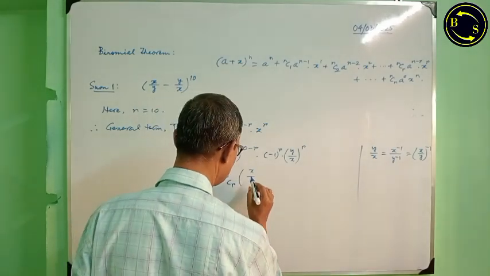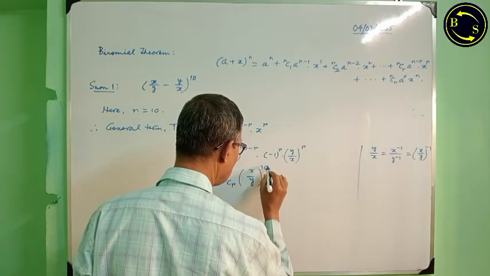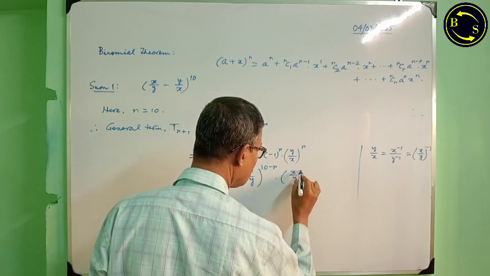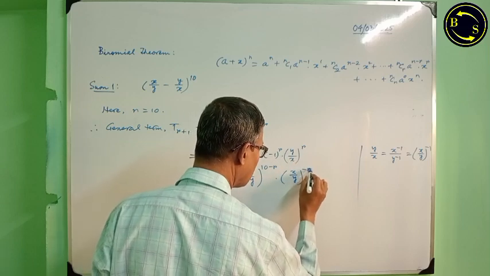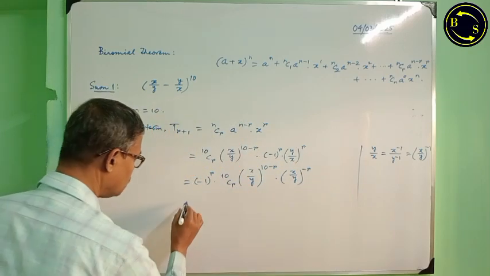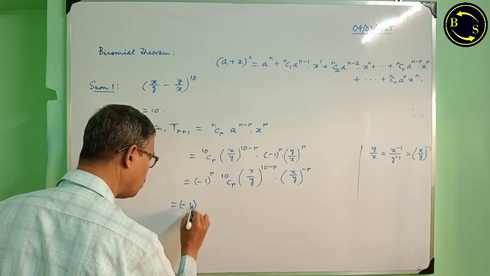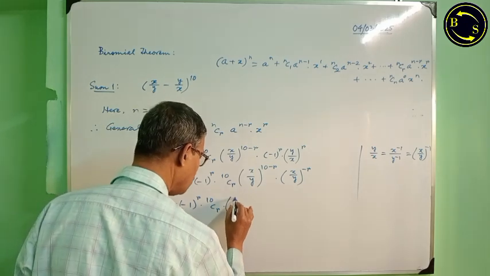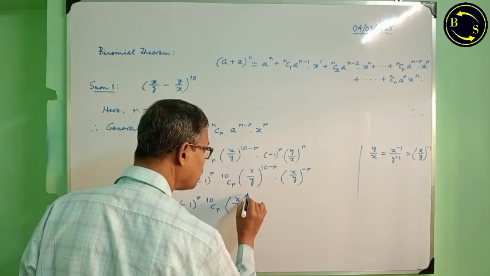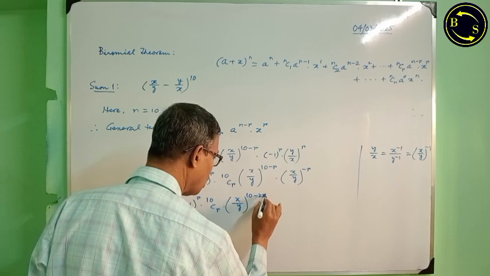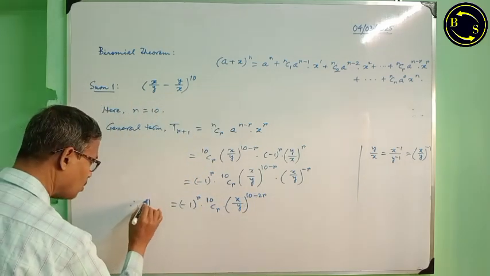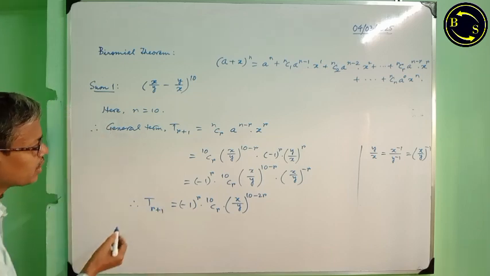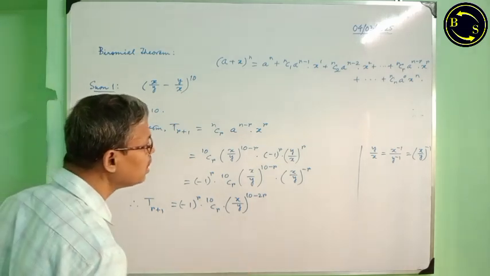That is why 10 minus r into this is x by y whole to the power minus 1, that means minus r. Finally, it will be minus 1 whole to the power r, 10 C r into x by y whole to the power 10 minus 2r. This is the general term. The general term, that means r plus 1th term, is this one.